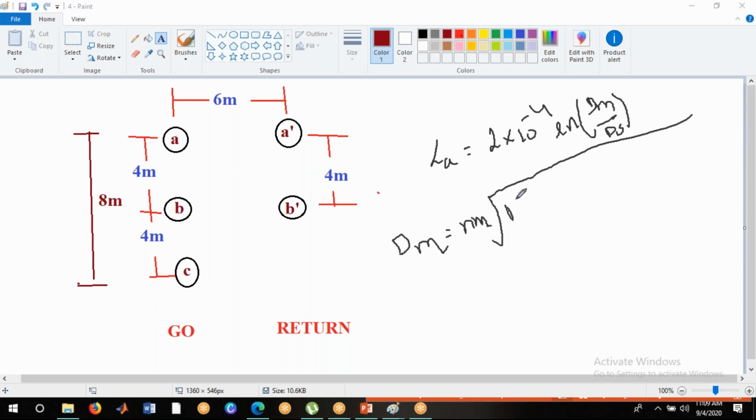So it will come DAA dash, DAB dash into DBA dash, DBB dash, next DCA dash, DCB dash. So these are the terms we have to find.